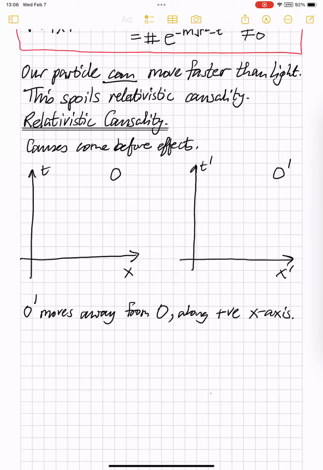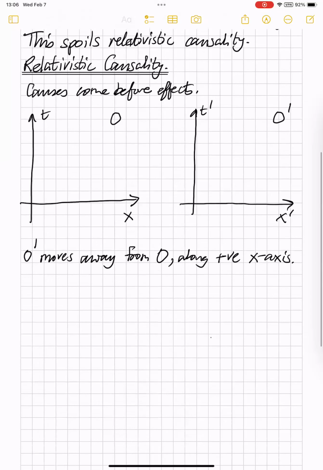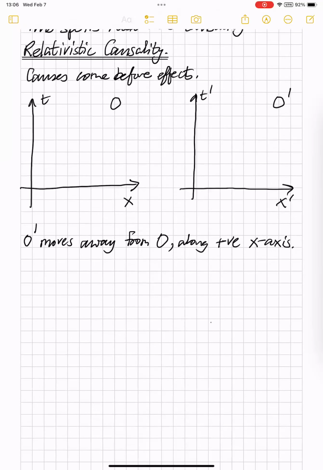Now, I want to write down the relation between the coordinates as measured in the O frame and the coordinates as measured in the O prime frame. And this is the relation.